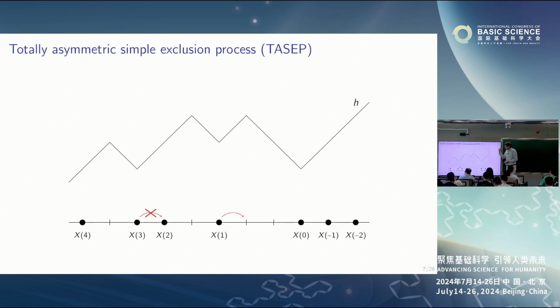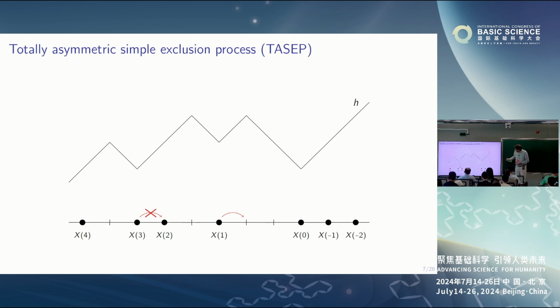For each configuration of particles, we can associate the height function, which takes unit steps up and down. The height function is built as follows. If there is a particle at a site, then the height function makes a unit step up. If the site is empty, then it makes a unit step down. So here we have two particles, the height function makes 2 steps up. Empty, down, particle, up, and so on. So we have this height function h.